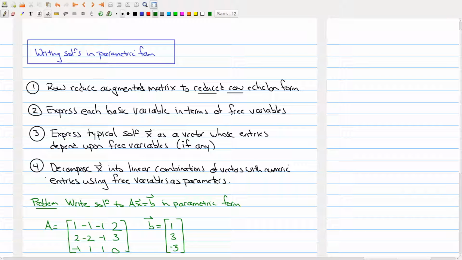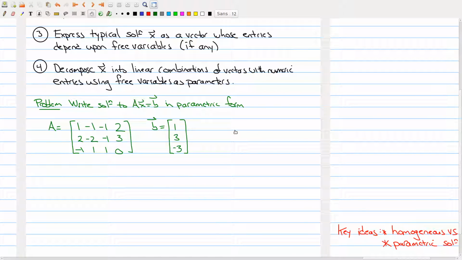So I'll give you a worked out example of how to write out our solutions in parametric form. You can see here at the bottom of my screen that we have a particular matrix and a vector b, and we want to solve this matrix equation and put it in parametric form. I'm just going to work out the various steps. Step 1 said that I have to put it into reduced row echelon form. I will just tell you how that's done without going through all the details.